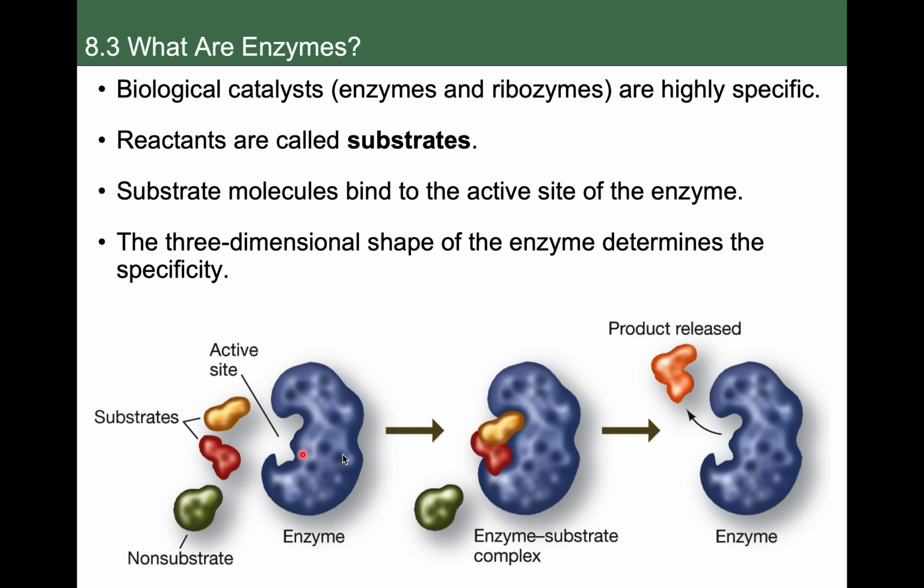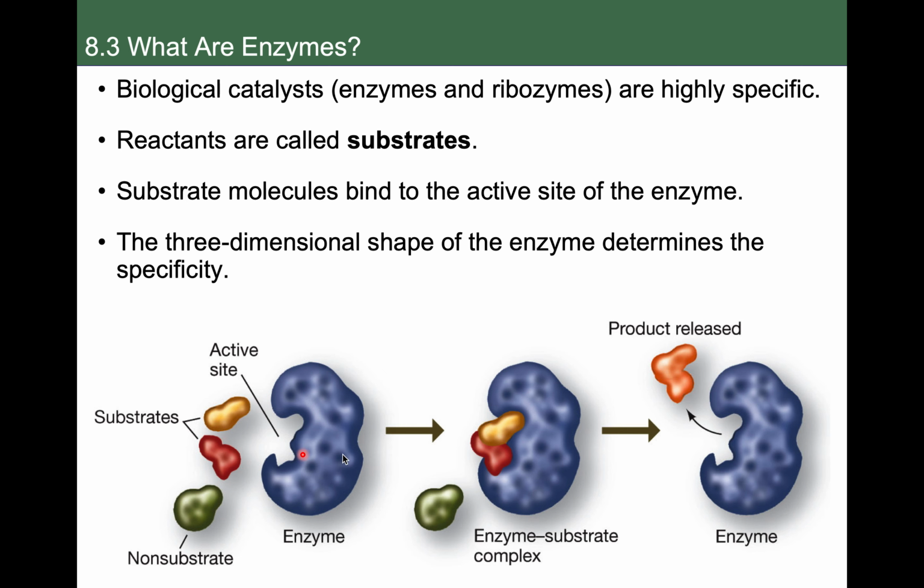And then once that reaction has been catalyzed, what's now called the product, the end result of that reaction, is released. And as you can see here, the enzyme is basically unchanged. So it looks exactly like it did before the reaction started, and it is in fact ready to catalyze that same reaction again.